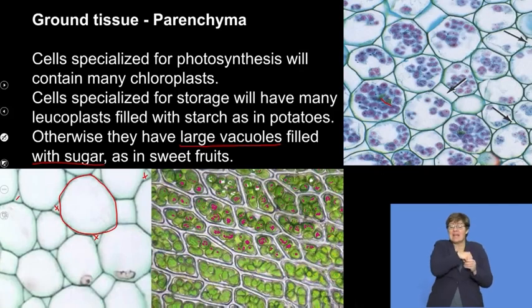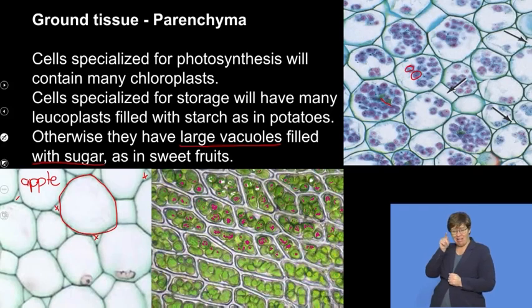So that would be in your apple. Here you would see those purple things filled with starch. They are your leucoplasts. And these would all be found in different parts of the plant.